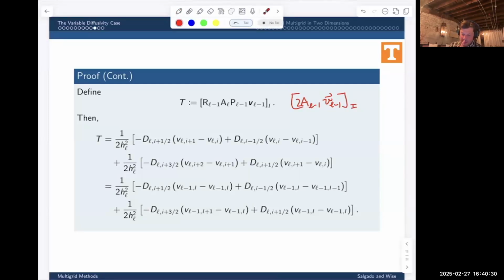But the way I'm going to do this is just to realize that these operations can be translated into operations on grid functions. So how can I do that?